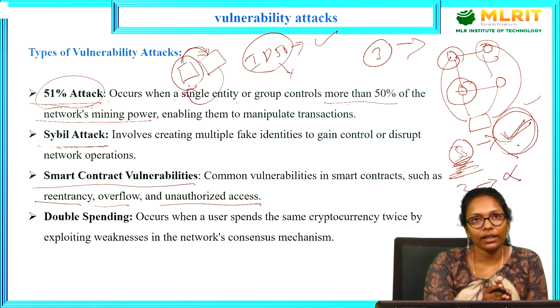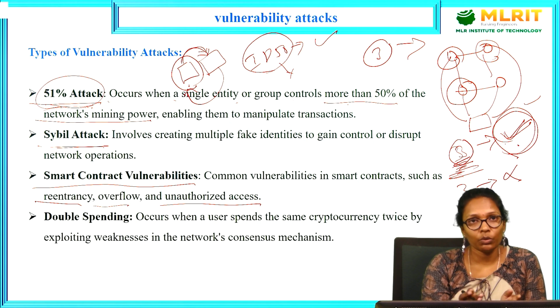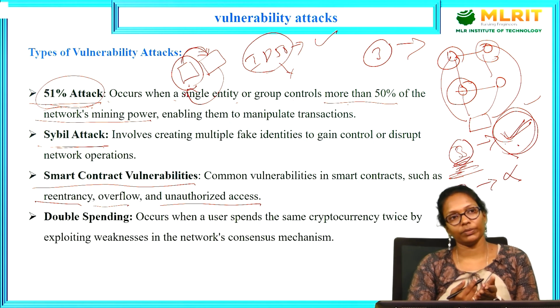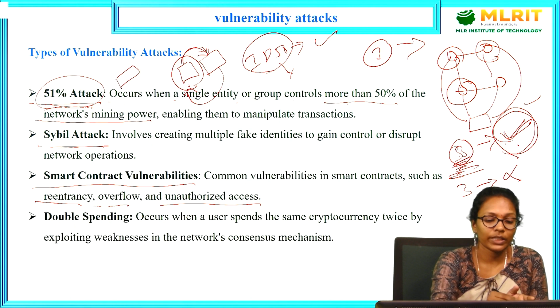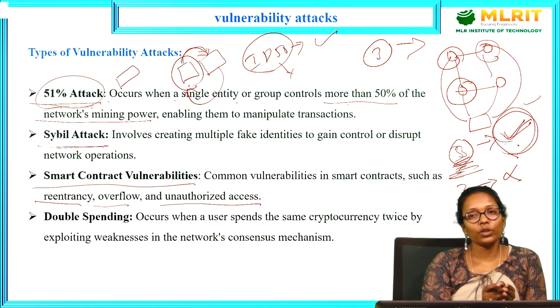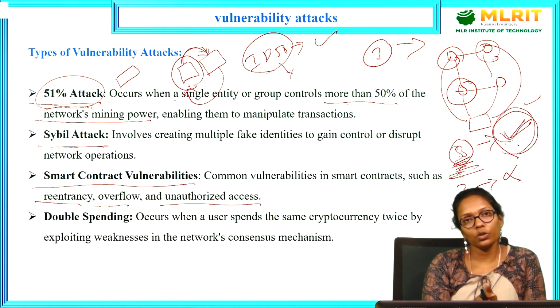I can return only if I store the previous smart contract address. Sometimes we may get this reentrancy attack. Then integer overflow: we know there is a range for integers. For every programming language, we maintain some ranges for integers or float numbers. If you exceed that range, the overflow also causes a security vulnerability.